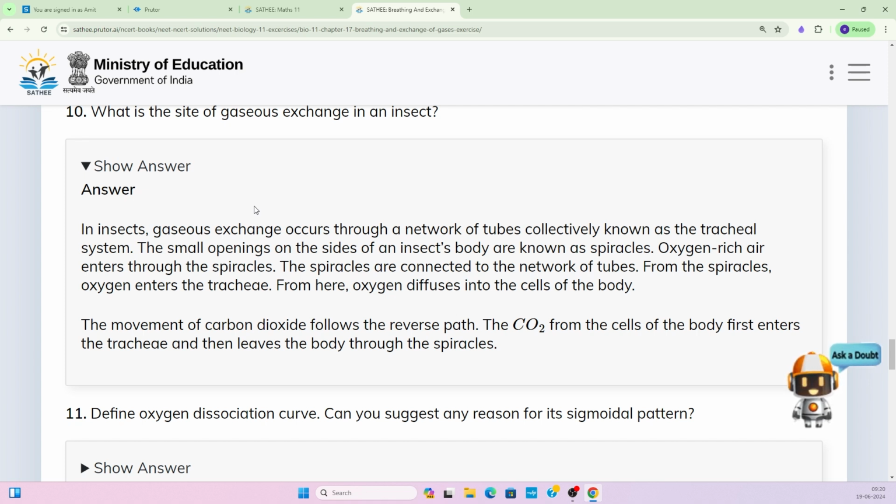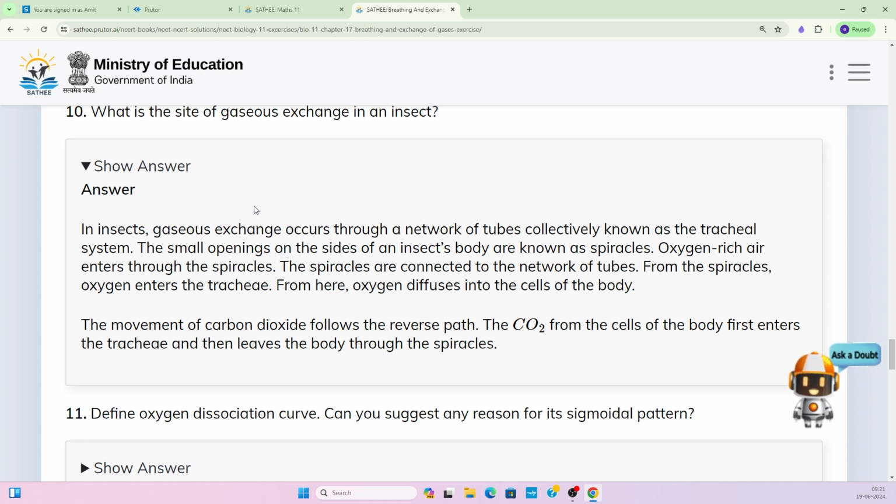The movement of carbon dioxide follows the reverse path. As you take the oxygen present in the tracheal tube, you respire at the cellular region. There is cellular respiration and there is production of carbon dioxide. So the carbon dioxide comes towards the tracheal tube, and oxygen goes from the tracheal tube to the body cells.